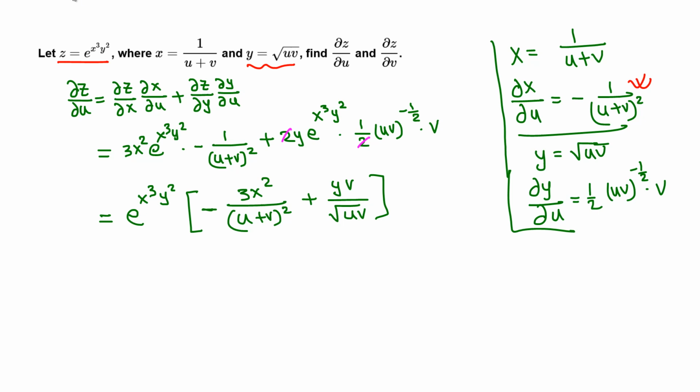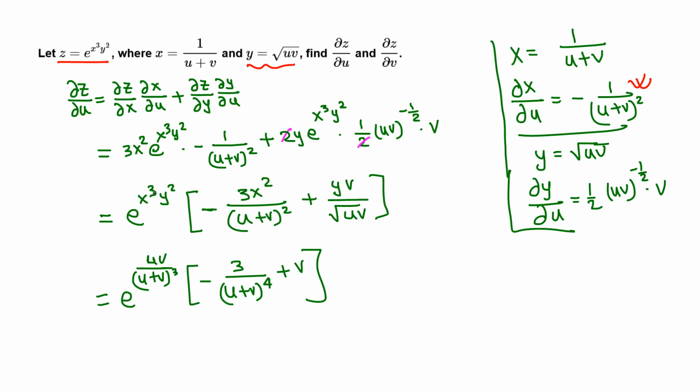This comes out. In the next step, I'm going to replace x by 1 over u plus v and y by root uv. By the way, y and root uv cancel, so this is just plus v. So I just substitute the x and y values, and that's the final answer for this part.